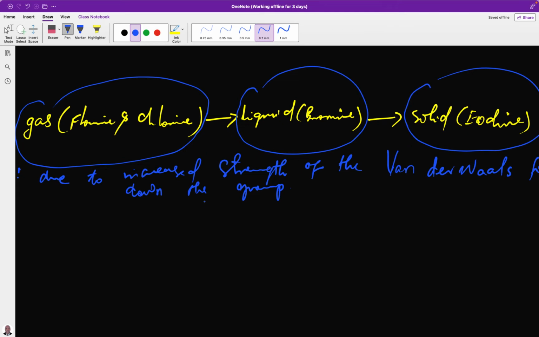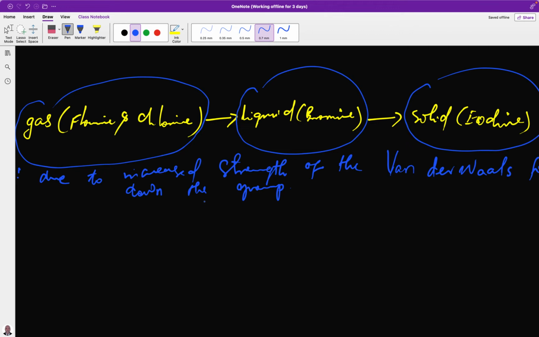It is the general name used for instantaneous induced dipole, for intermolecular hydrogen bonding, and for permanent dipole attraction. All these we call van der Waals forces.